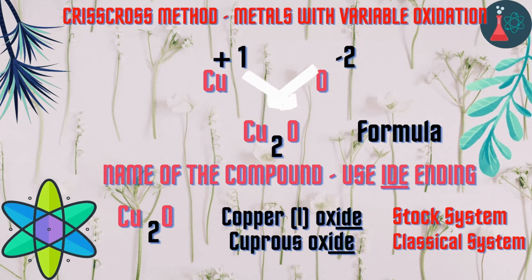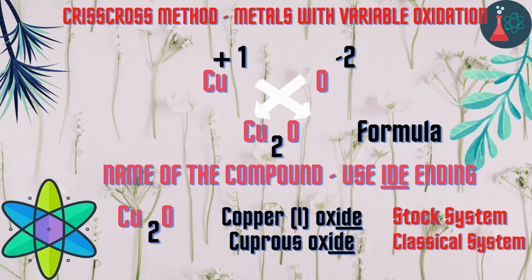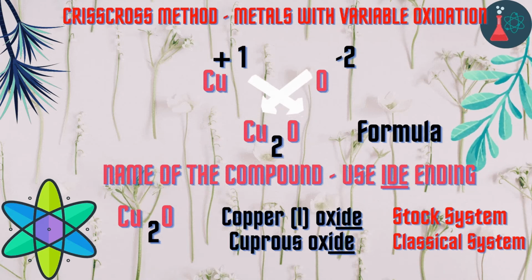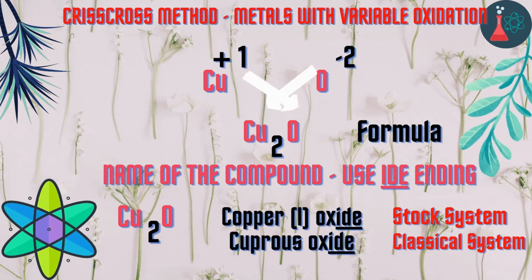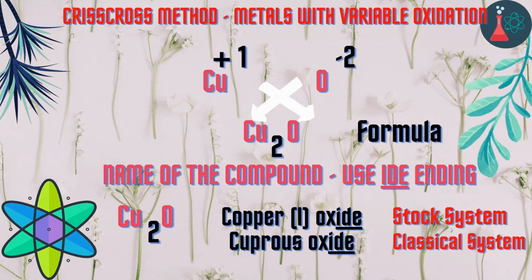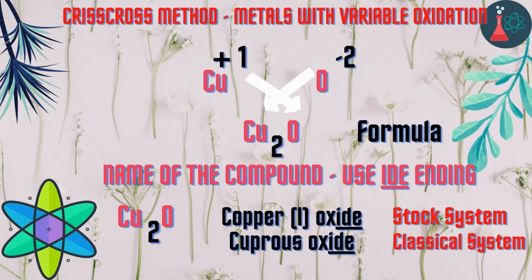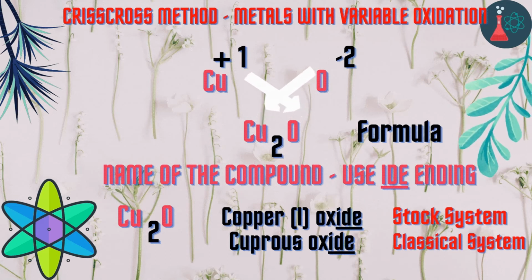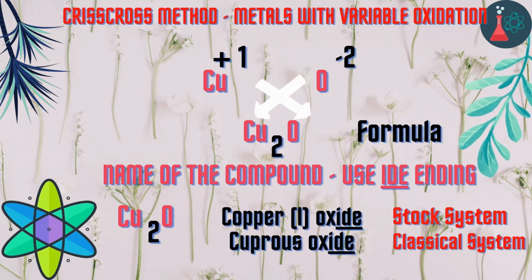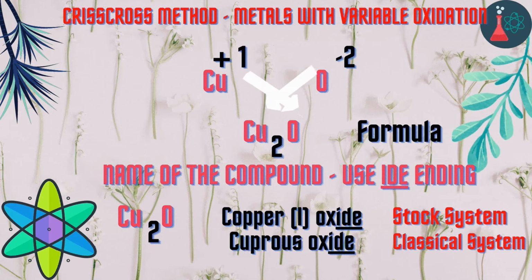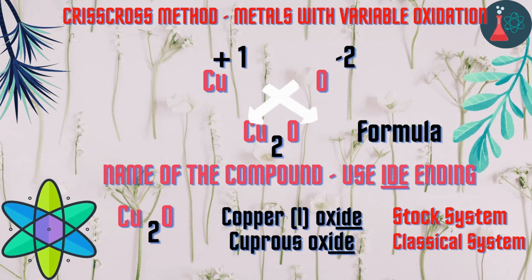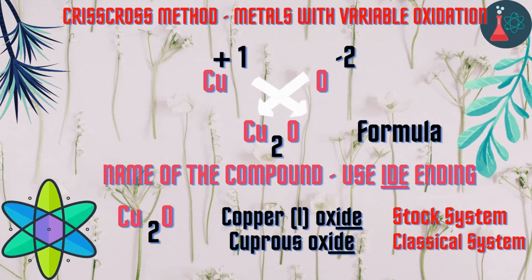Remember that you're going to use IC and OUS endings. The IC ending uses the higher oxidation number, which is positive 2, and for the lower oxidation number of copper, the ending will be OUS. Since you use the lower oxidation number in this example, you are going to use the OUS ending.